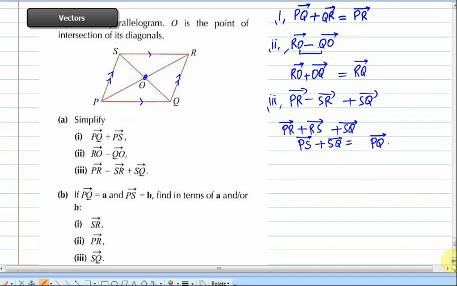For part B, if PQ is A and PS is B, find in terms of A and B. Before solving any question like this, what I will do first, and what I expect you to do first, is this: if PQ is A, that means SR is also A. If PS is B, that means QR is also B, right?